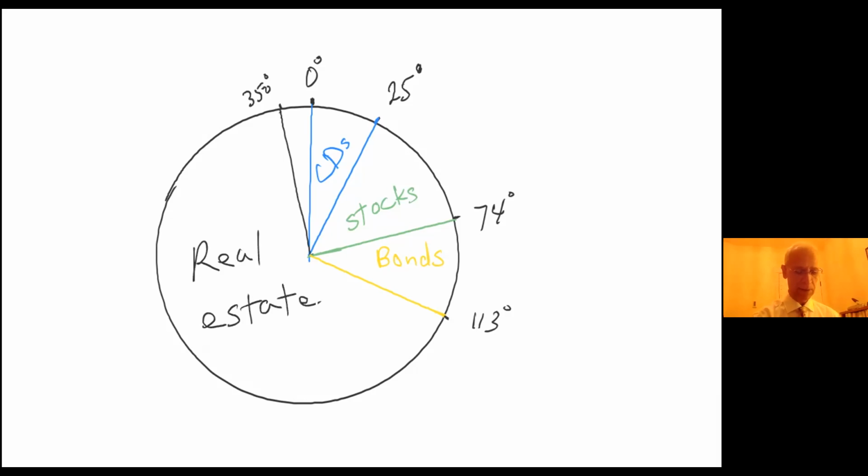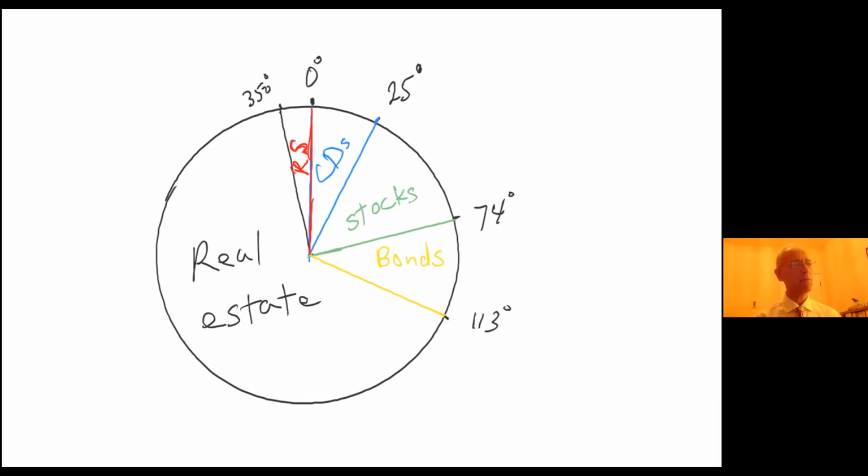Okay, and the remainder 10 degrees we said was for regular savings. We can probably change that to a different color right here. I'm going to put just RS for regular savings. I'm running out of room.